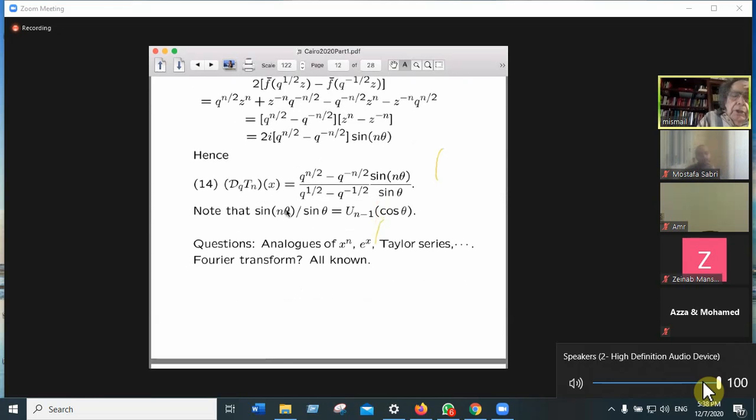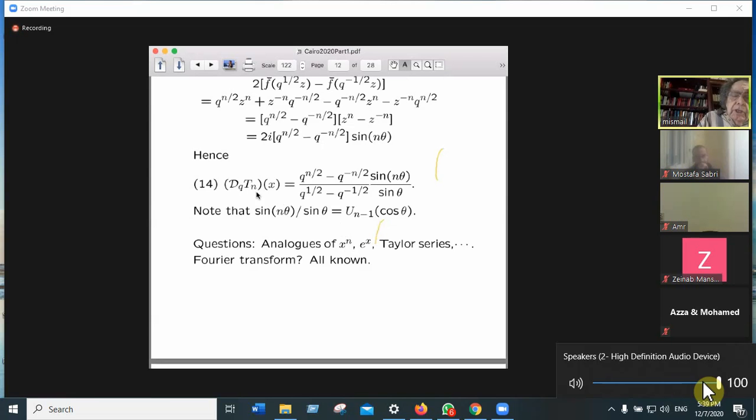The q-Taylor series I developed with Dennis Stanton. The analog of powers, there are these Askey-Wilson bases, which act like powers. Okay, what's so special about powers? If I differentiate x to the n, I get n times x to the n minus 1.